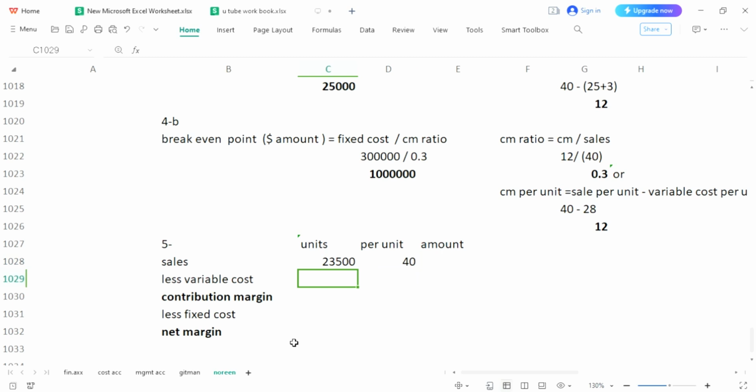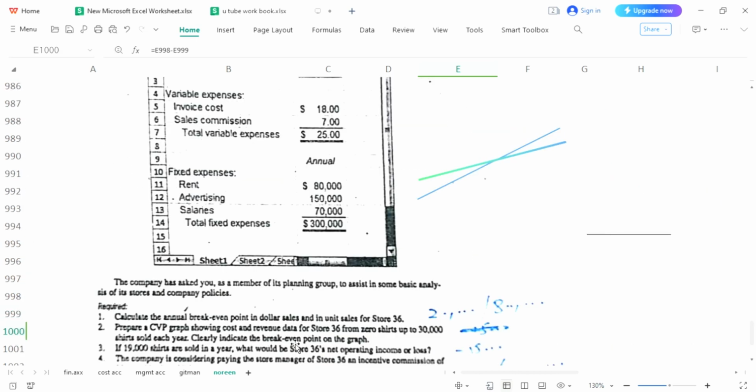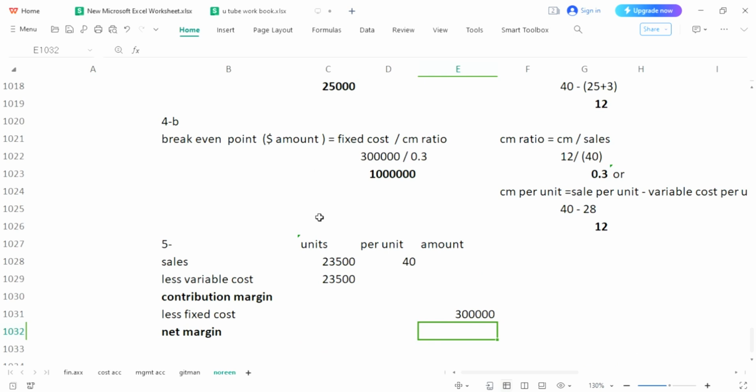Units sold would remain the same for variable cost as well. Fixed cost would remain the same, that was 3 lakh. As you can see over here, your fixed expenses are 3 lakh. And we have decided that whether you are selling 23,000 units or 1,000 units or 1 lakh units, your fixed cost will remain.